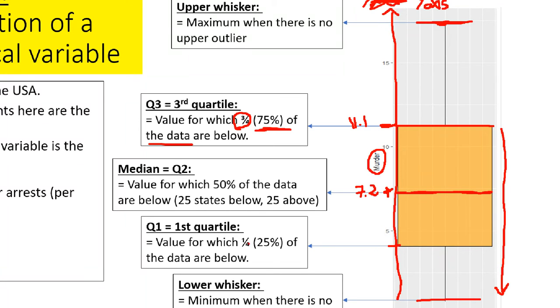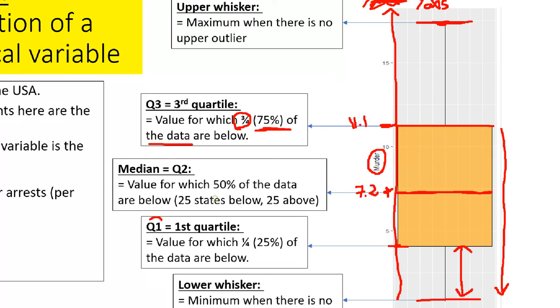So Q1 is the first quartile. It's the value for which a quarter of the data are below, okay? The lowest quarter of the data is here. And we have 25% of the states, so a quarter of 50 states is about 12 states. 12 states are below the value that is here.